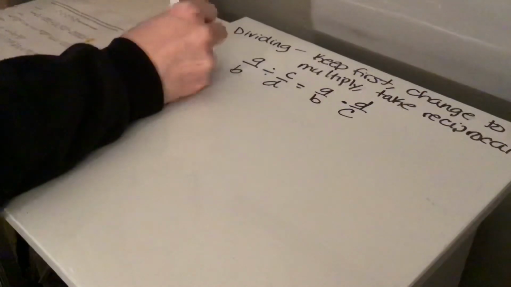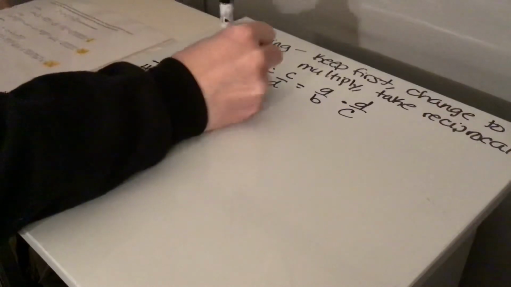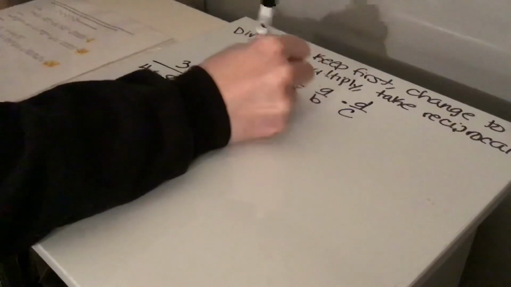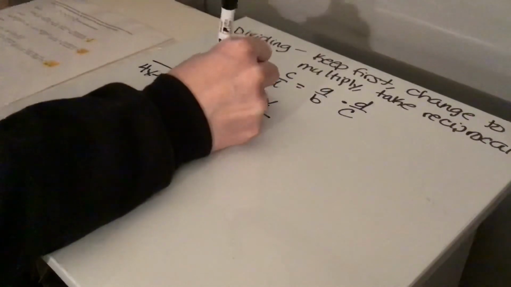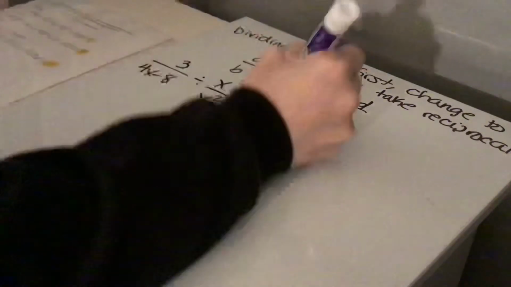So we have 3 over 4x minus 8 divided by x squared plus 3x over x squared plus x minus 6. Okay? So division tells us keep the first.